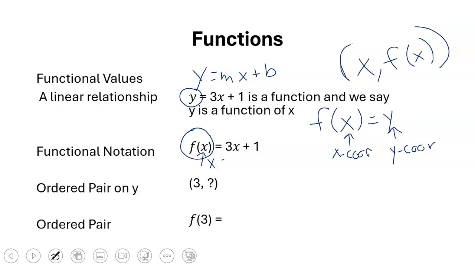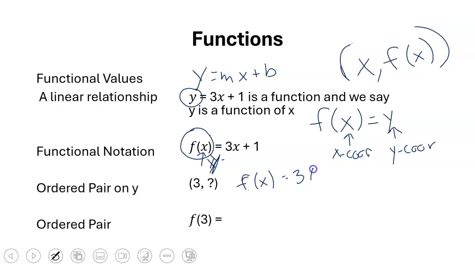All right, so let's look at the ordered pair on the third example. They give us the 3, so we're going to plug it in. Instead of x, plug in your 3.